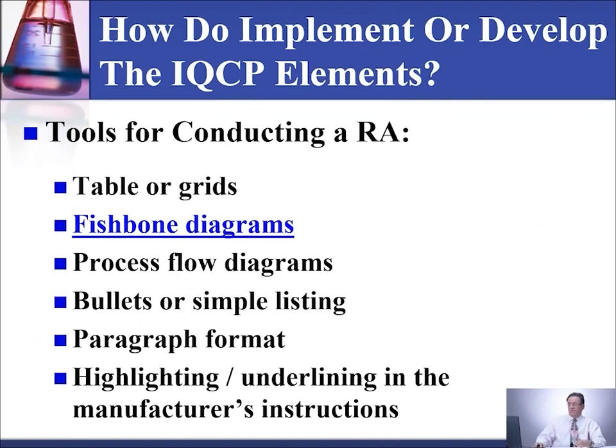Tools for conducting the risk assessment: you could use tables or grids or the fishbone diagram, which we are going to use. I'm going to show you an example of it on the next slide.